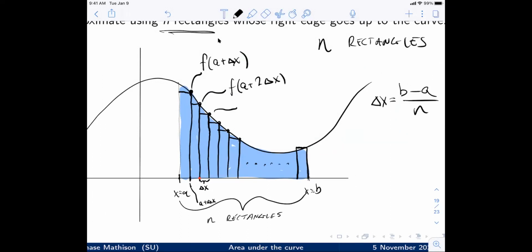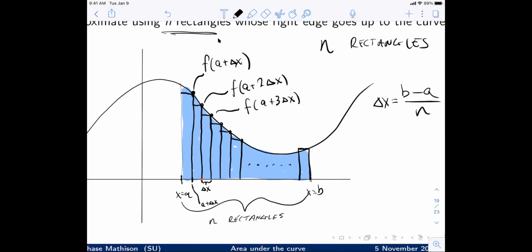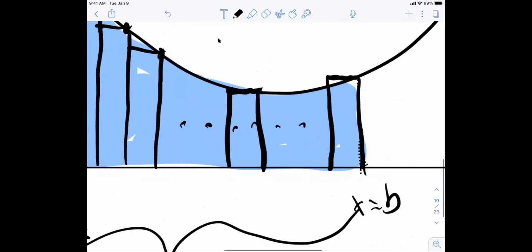Okay, what do you think this one's going to be? This function height. Yeah, I'm looking at f at the x coordinate a plus 3 delta x. Okay, so in general, if I take k steps away from x equals a, let's say this right endpoint here is xk.